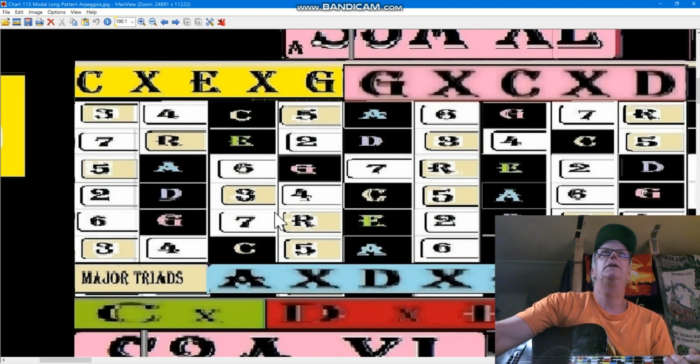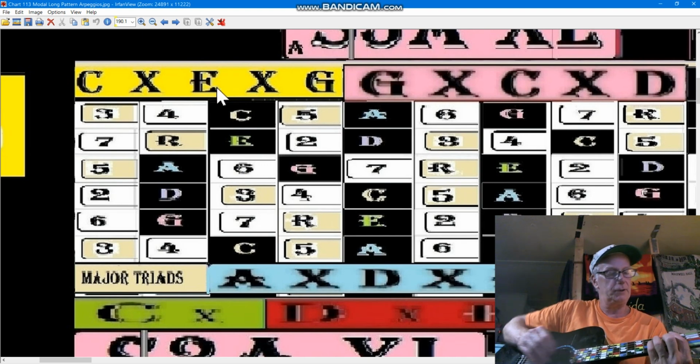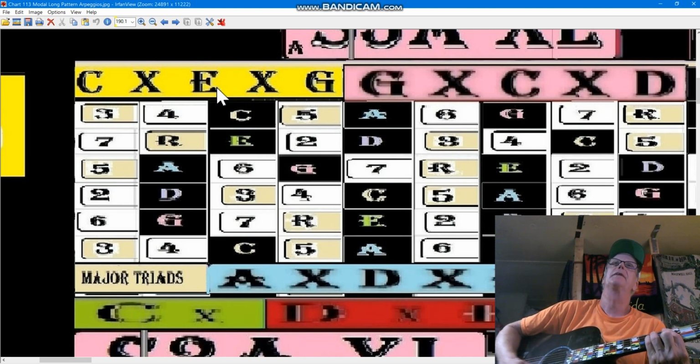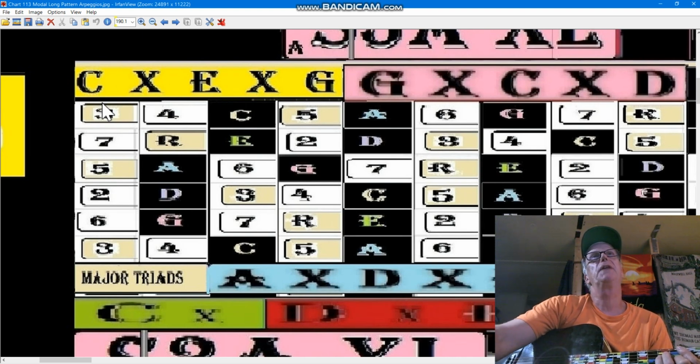Now, when we go and look at the E-shaped fourth, we're looking at the F. The pentatonic for that is going to be 4, 5, 6 root 2, 4, 5, 6 root 2, 4, 5.